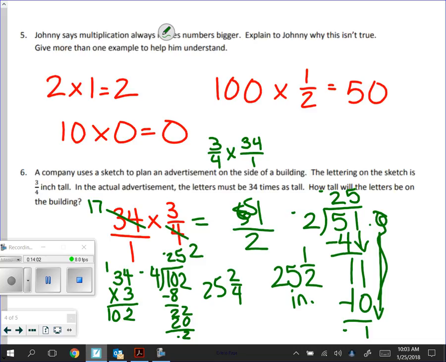Because when you're multiplying it's just like adding. 2 plus 3 is the same as 3 plus 2. 2 times 3 is the same as 3 times 2. So it shouldn't matter. Yeah. Okay, good. Because sometimes the order in which you do it really does matter. So good. I'm glad to know it doesn't matter.